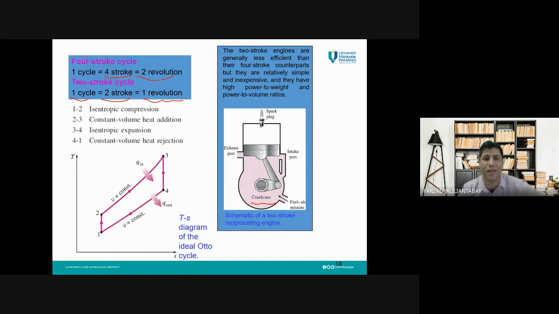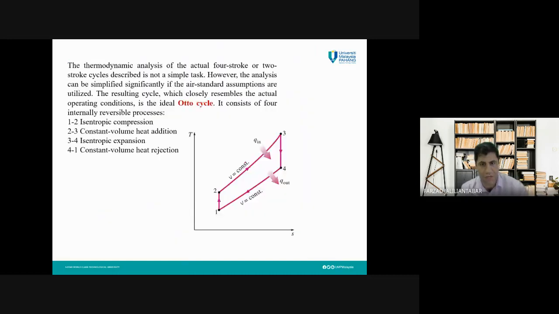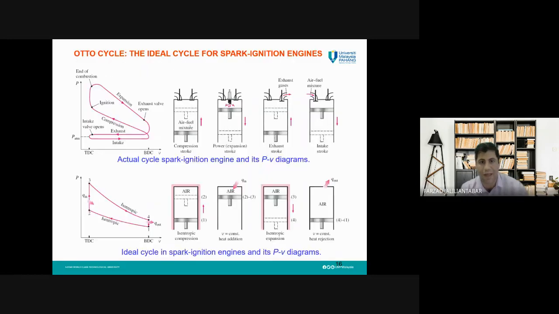In one revolution it happens for the two stroke cycle. Here we need two revolutions of the crankshaft, or travel of the piston, to complete a cycle.